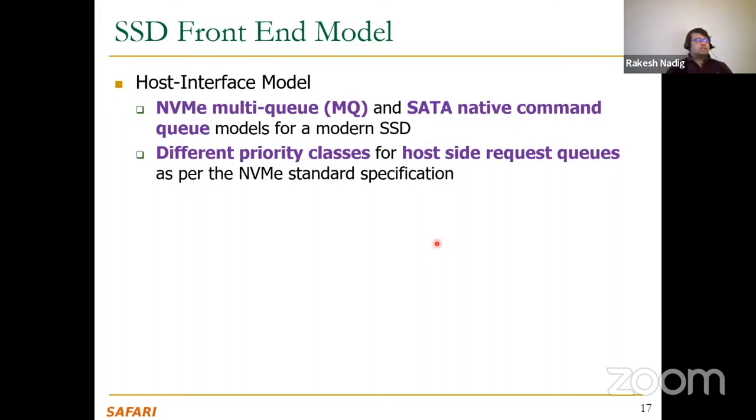So these things are modeled in MQSim. And for the NVMe protocol, MQSim models different priority classes. I think there are 4 priority classes currently in MQSim: urgent, high, medium, and low for the host side request queue. So we can assign different priorities for different queues, and based on the priority, the requests are processed in the order of the priority.